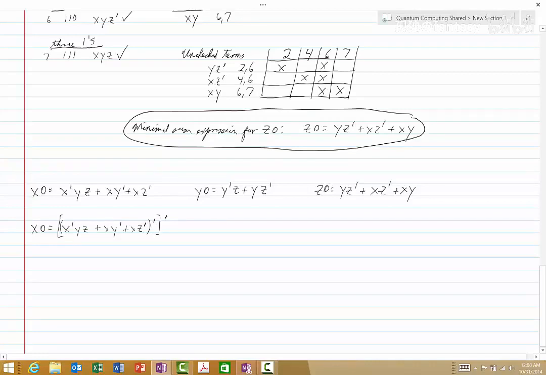And again, what we're going to do is keep that outer prime right where it is, but the inner prime we will handle using De Morgan's theorem. So the complement of a sum is the product of the individual complements. So we have (x prime y z) complement ANDed with (x y prime) complement ANDed with (x z prime) complement.